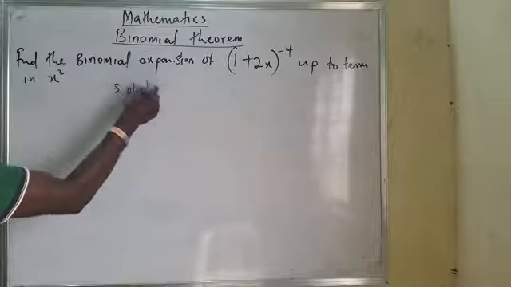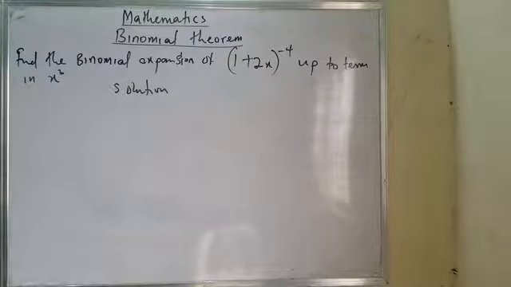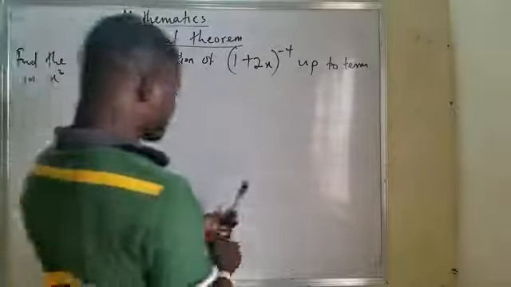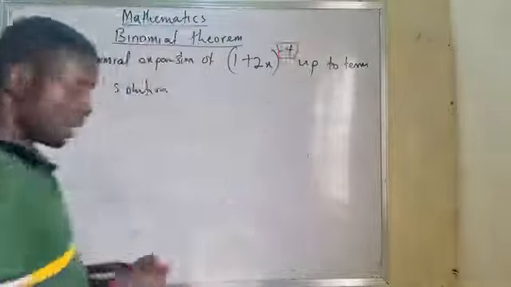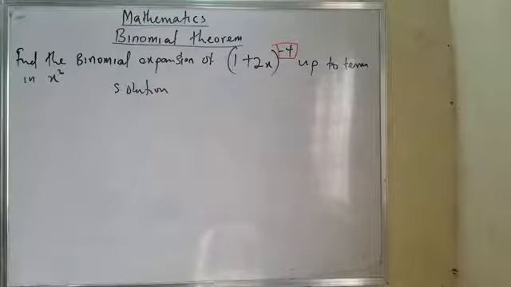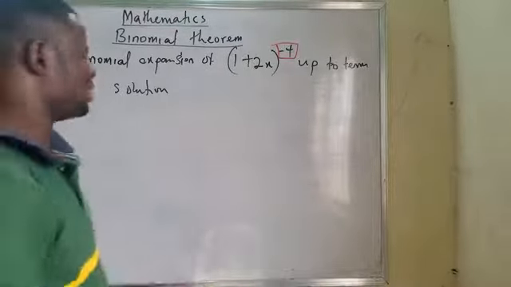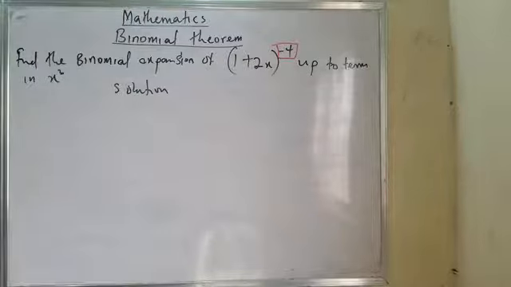Solution to this problem. Now, look at this particular problem. This particular power is less than 1. That is when you now think of the best way to solve this problem.